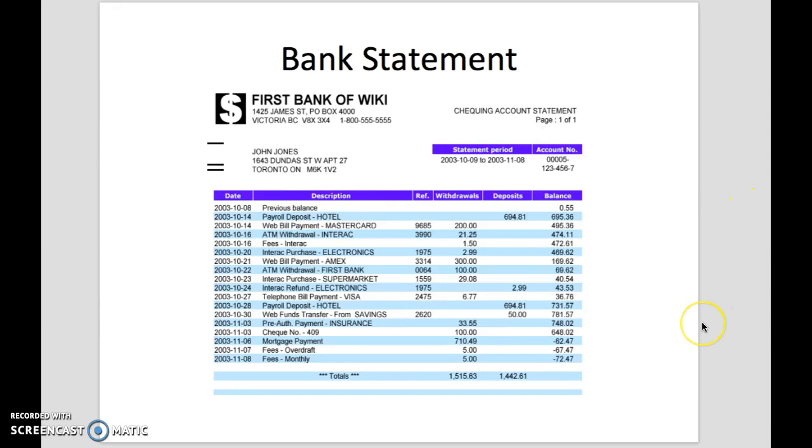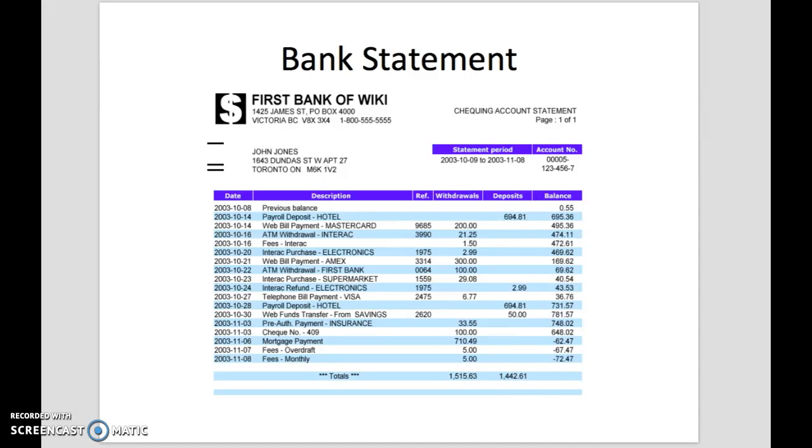And then this is an example of a bank statement. Nowadays, you can actually check your bank statement real time. You can go to, let's say, BPI Express online or BDO online to see the withdrawals and deposits and your actual balance.